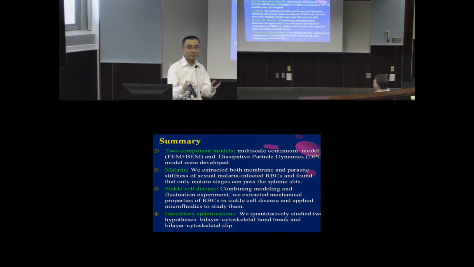We also apply it in microfluidics to study sickle cell disease. And finally, I also showed you in hereditary spherocytosis, we studied two hypotheses, the bilayer bond break and the bilayer-skeleton slip, using our two-component model.